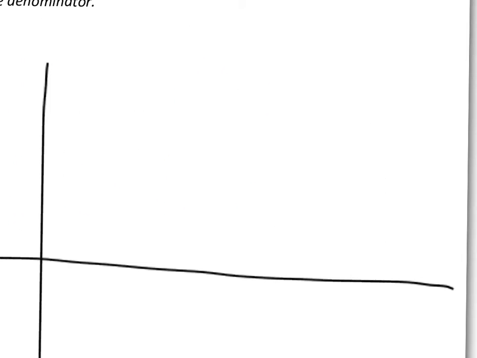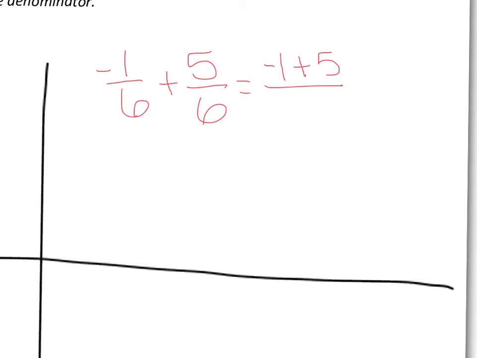Okay, that was a pretty simple one. Let's look at one that throws in some negatives. Let's try -1/6 plus 5/6. First, notice I already have a common denominator, so I'm going to add my numerators and keep my denominator.